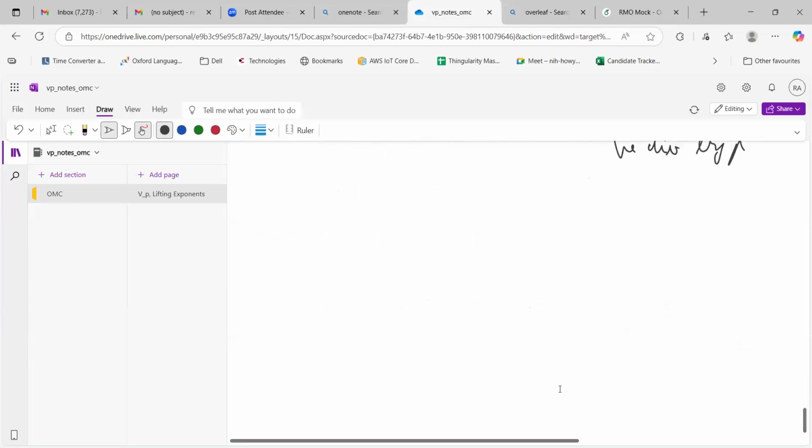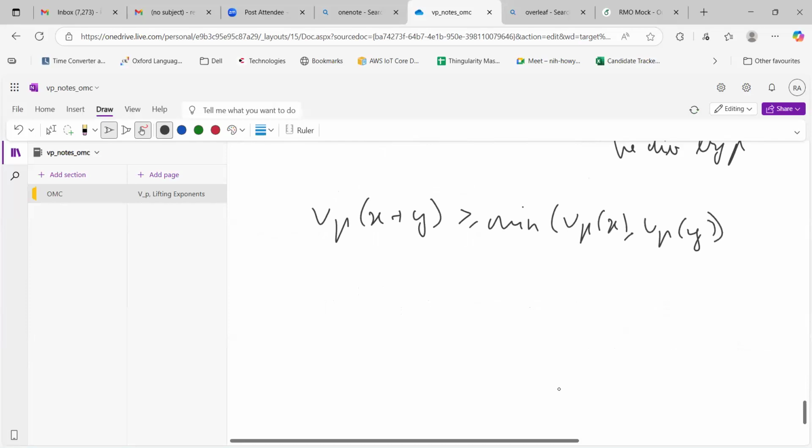Now this is one important thing to note. If I have vp of x plus y greater than or equal to min of vp of x comma vp of y, the important thing is that the equality holds when vp of x is not equal to vp of y.